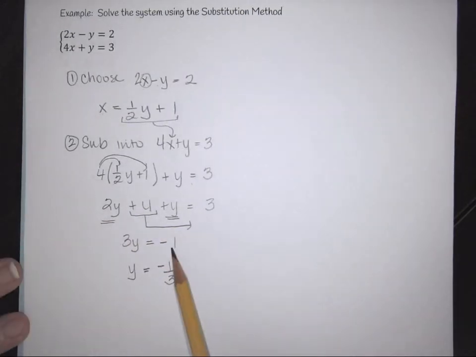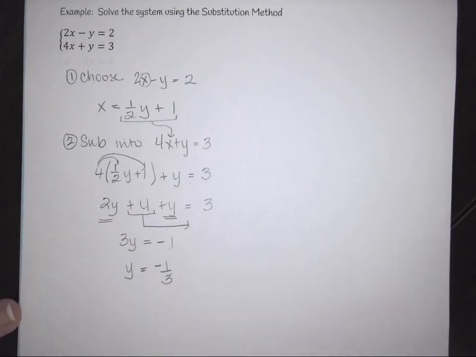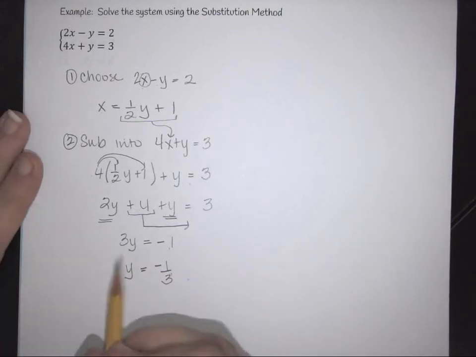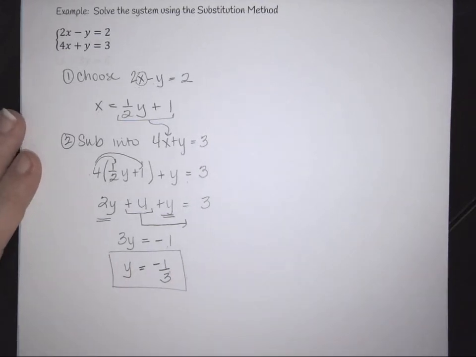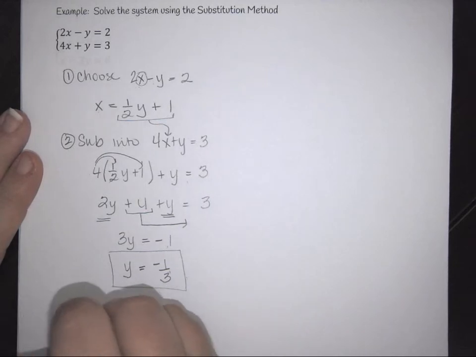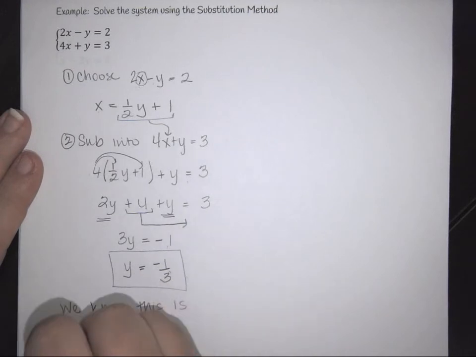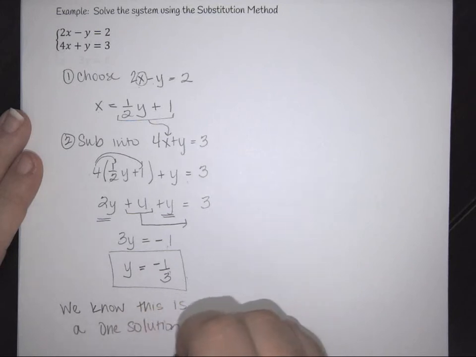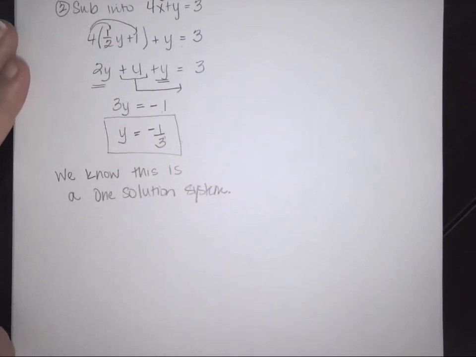So this was that second step I was telling you, where this step determines the type of solution we have. So what you need to notice about this step right here is that we did find a value for y. So automatically we already know this is a one solution system, which means we can actually take a minute and classify it because we know it is a one solution system.